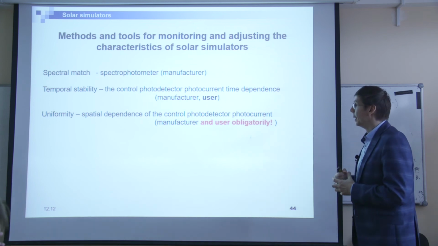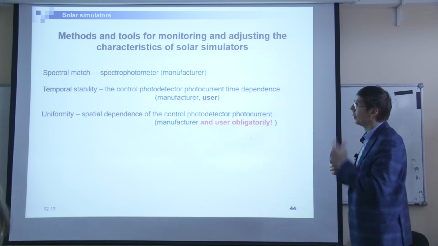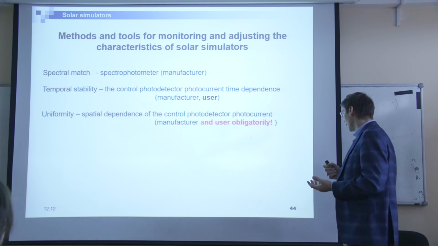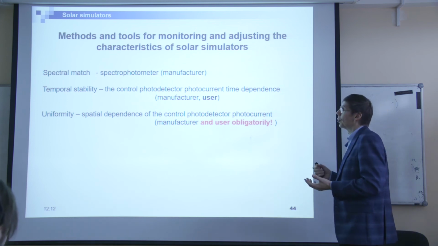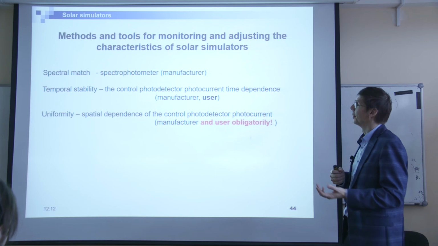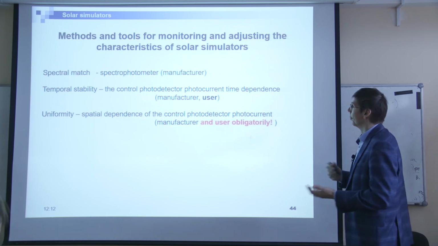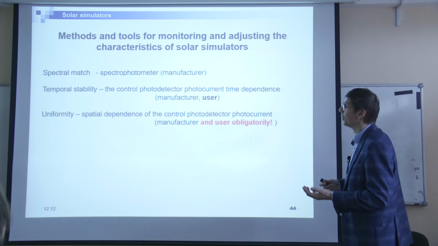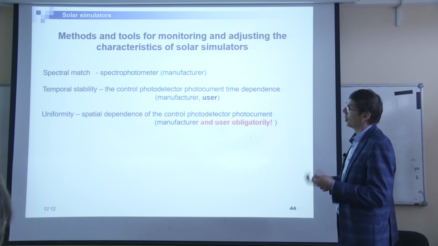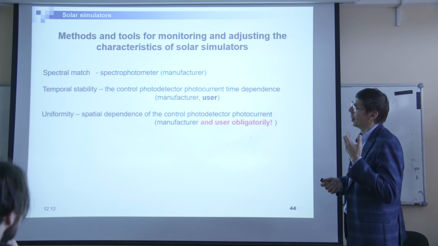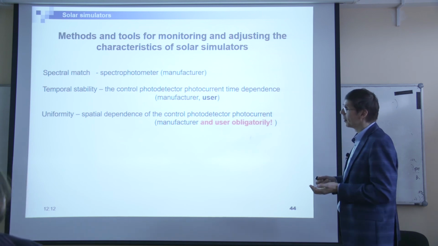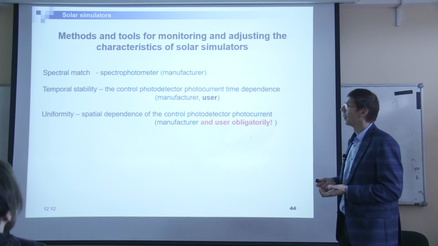So, a few words about the methods: how to control, what should we control, and how can we do it. As I told you, there are three main requirements for the solar simulators.